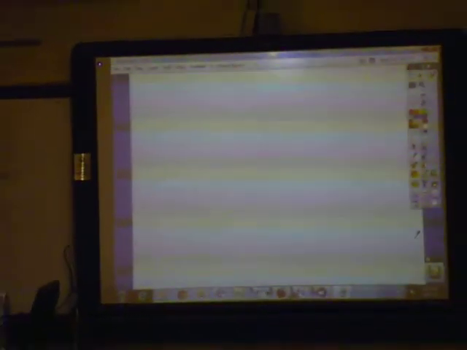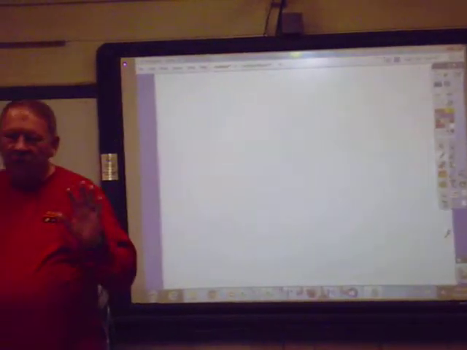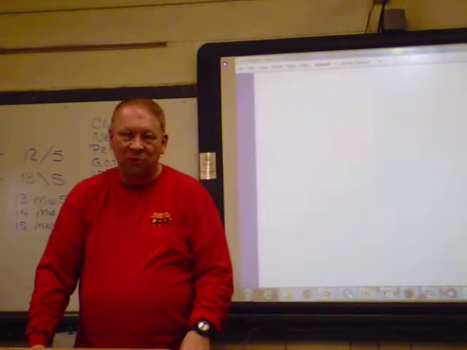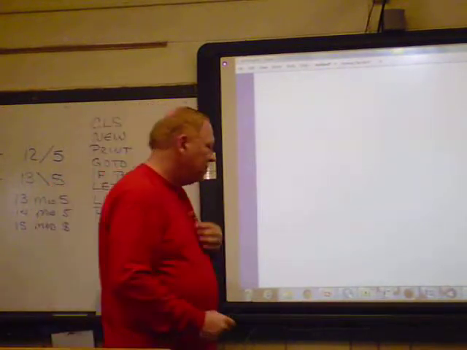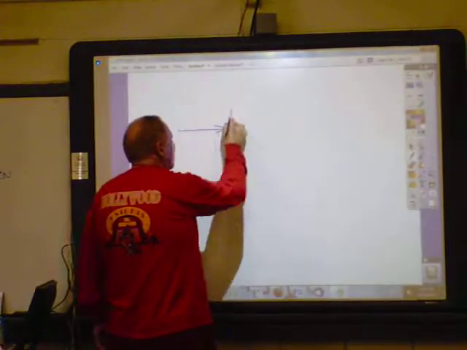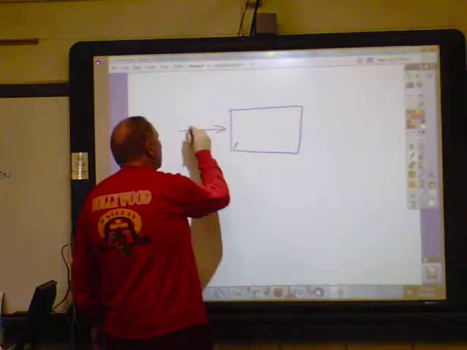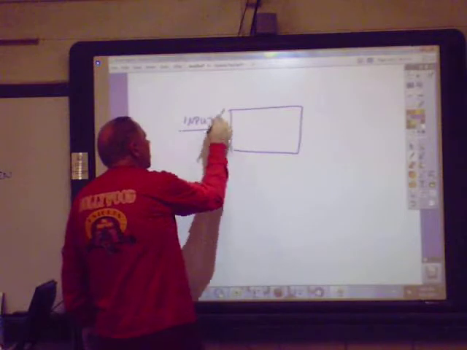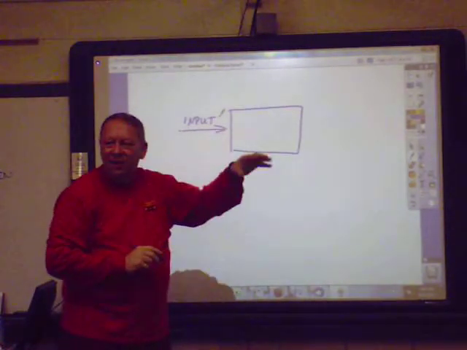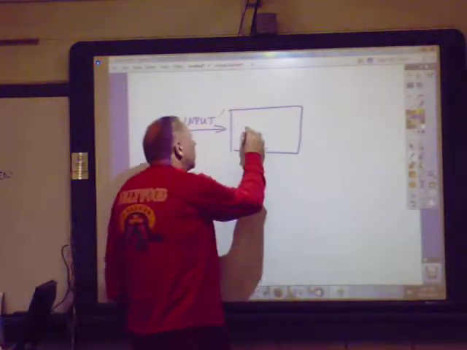Now, as far as what the computer can do, the computer has 4 main parts to it, or even to a computer system. We have to have some form of input, getting the information in.